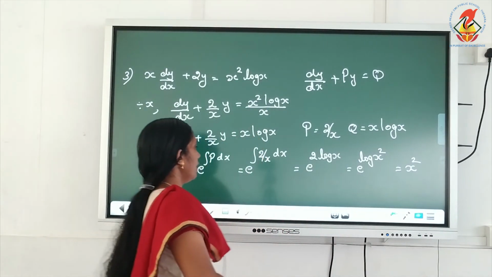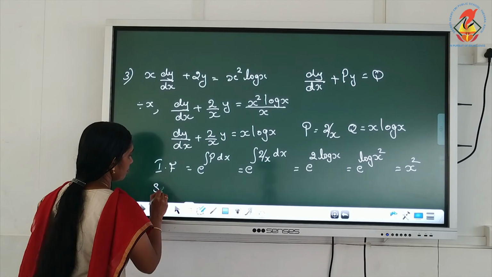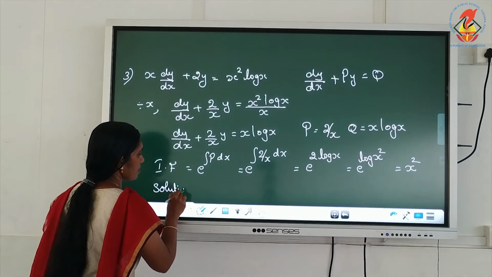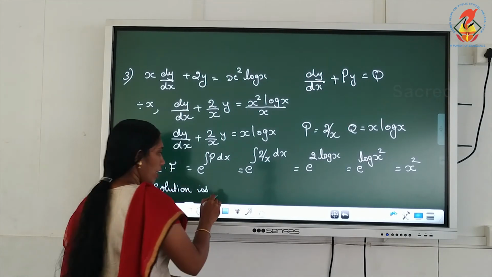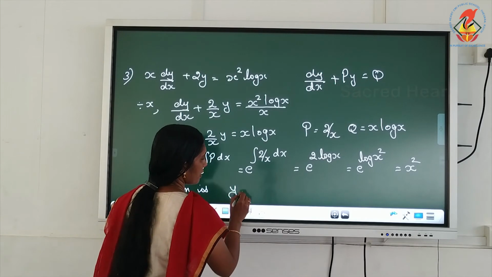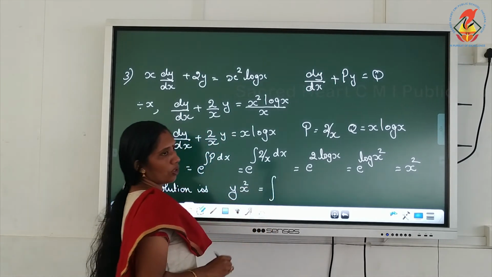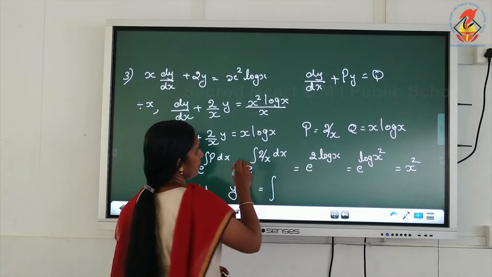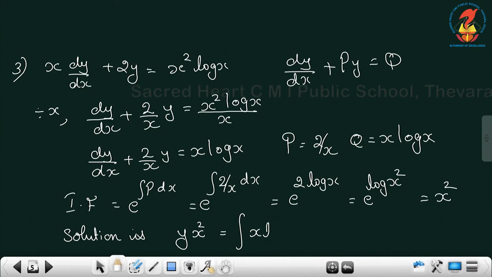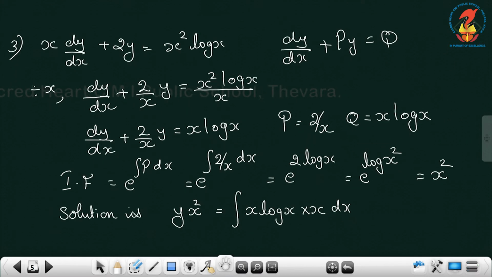Okay. Now the solution. Solution is y into integrating factor, that is y into x square, is equal to integral of right hand side, that is Q, x log x, into integrating factor. So x and x we can multiply.